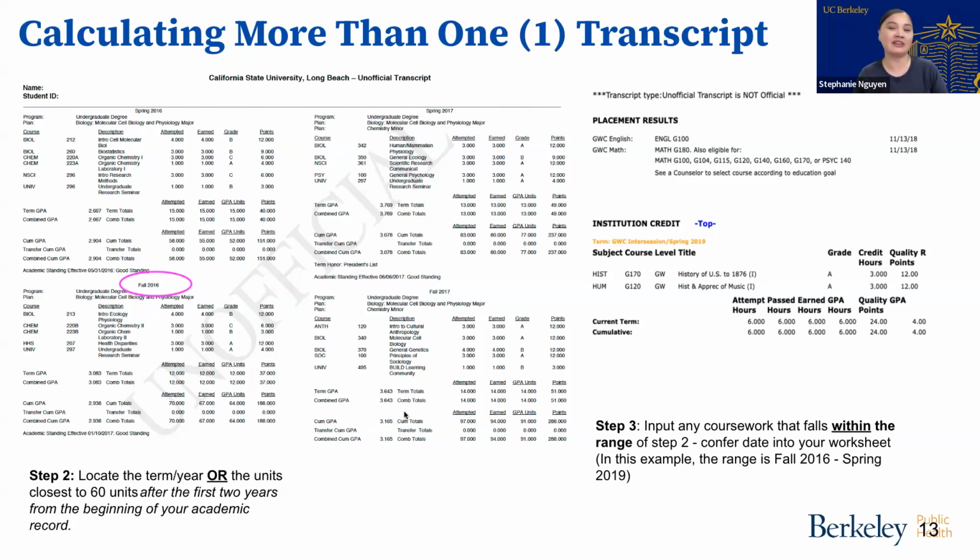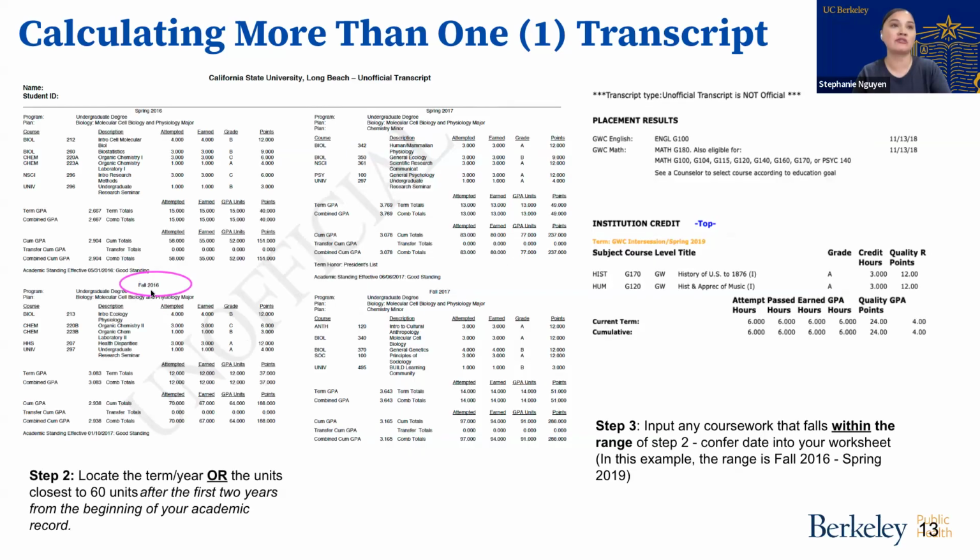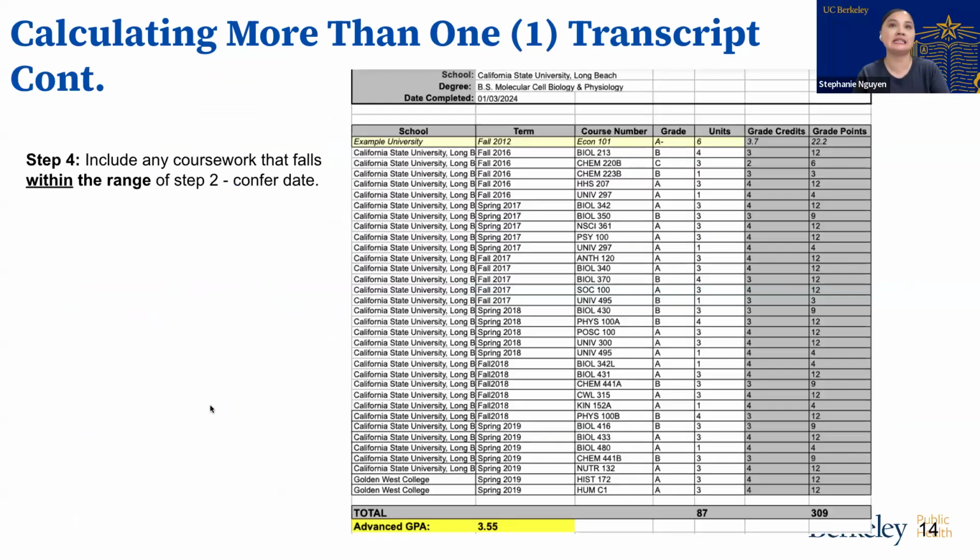And the nice thing about the advanced GPA, as Elise mentioned, it's kind of like a plug and play. You just take these courses, you plug it into the worksheet, and it does the job for you. So in this example here, you're going to see that I took all the coursework from fall of 2016. I took all the classes, I plugged in the course here.